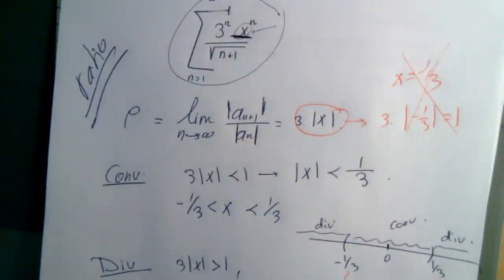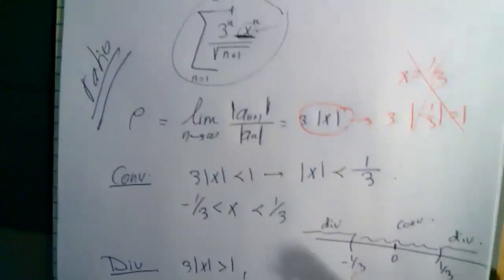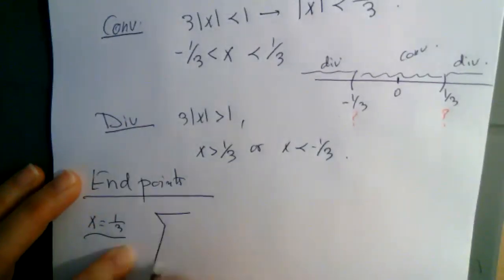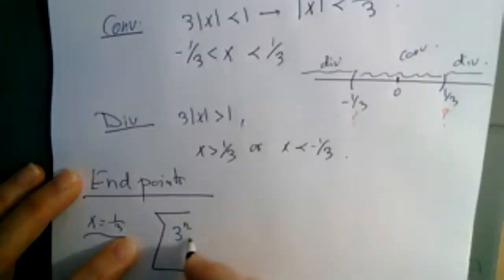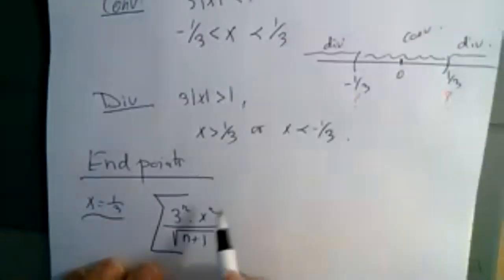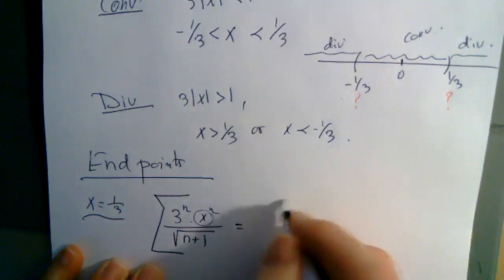The expression of the series is the sum of 3 to the n x to the n over the square root of n plus 1. I'm going to put a third for x, and we're going to simplify.